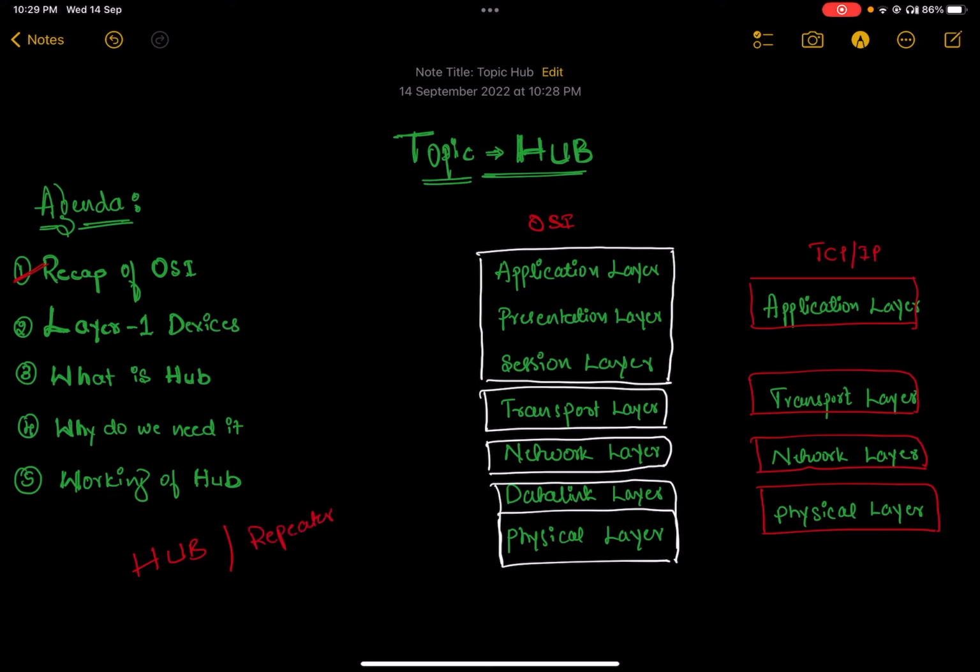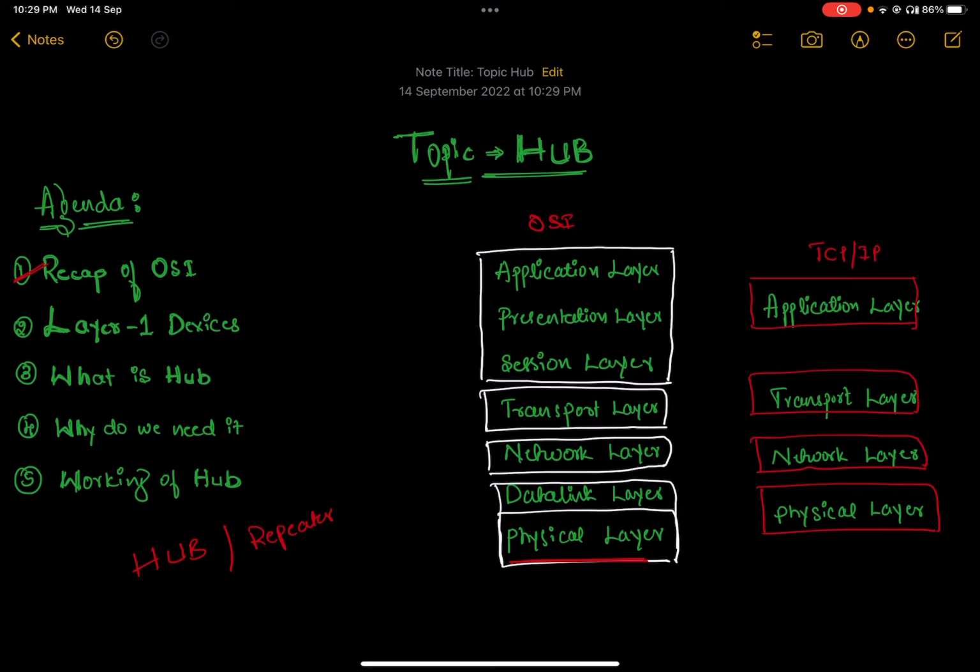When I say layer 1 devices, it's nothing but the devices that work on layer 1, that is our physical layer here, and the protocol data unit that we discussed yesterday. Every layer has a data unit, or the information, and how the device deals with that, we call it a protocol data unit.